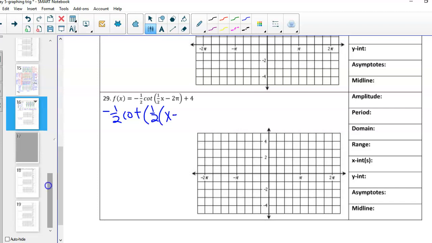Yes, so minus 4 pi. So now our phase shift is what? Should be right 4 pi. Our vertical shift? Up 4.